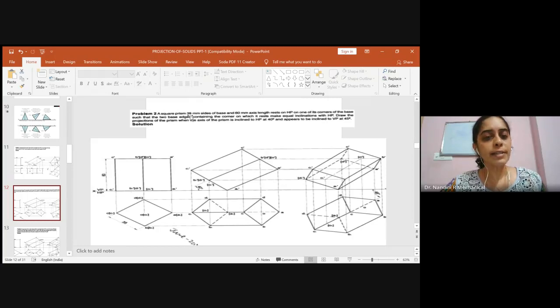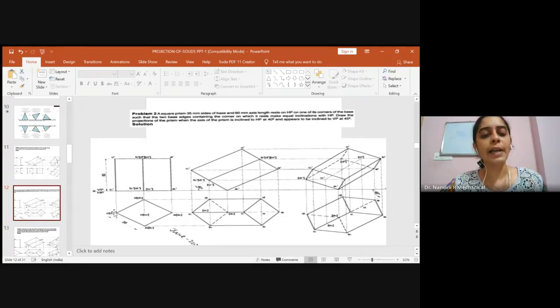It is shown that the side of the square prism is 35 mm. So keep one end of the compass here, measure 35 mm and cut an arc on this 45 degree line. And again come here, on the 45 degree line, measure 35 mm and cut an arc. So you got the two corners. This corner you have fixed already, and we need one more corner for the square. So from here, draw a perpendicular line such that this angle is 90. All interior angles of the square will be 90, you know it.